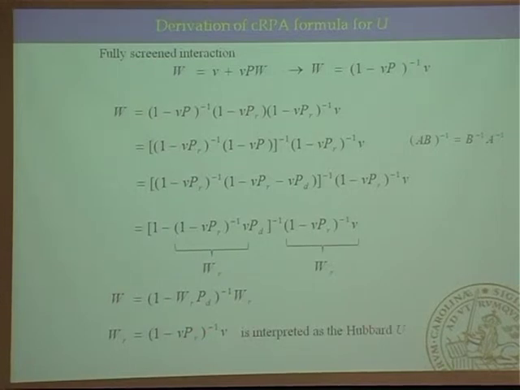Which we can interpret as a Hubbard U, in quotation marks, because now everything is a frequency dependent quantity. We can interpret this as a Hubbard U because this is the fully screened interaction, and when it is screened by just the PD, the polarization within the model, we get back the fully screened interaction W. So we can think of this as the effective interaction of the model.